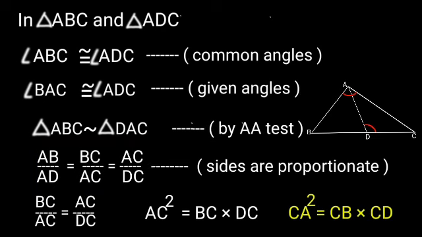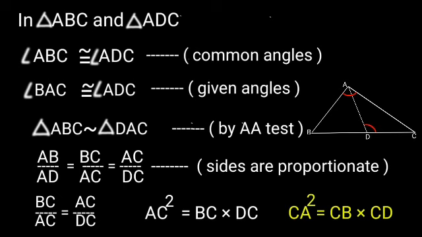We require only these two ratios, that we have taken: BC upon AC is equal to AC upon DC. Cross multiplication, AC into AC, that is AC square, is equal to BC into DC.